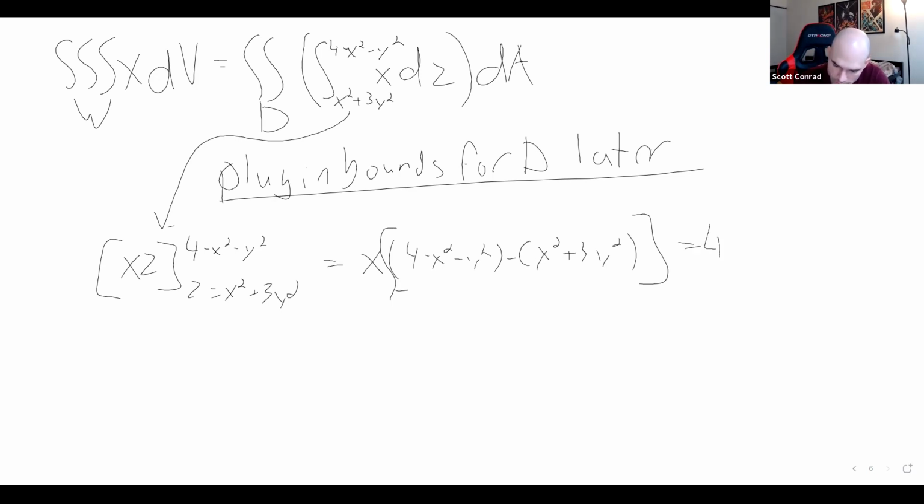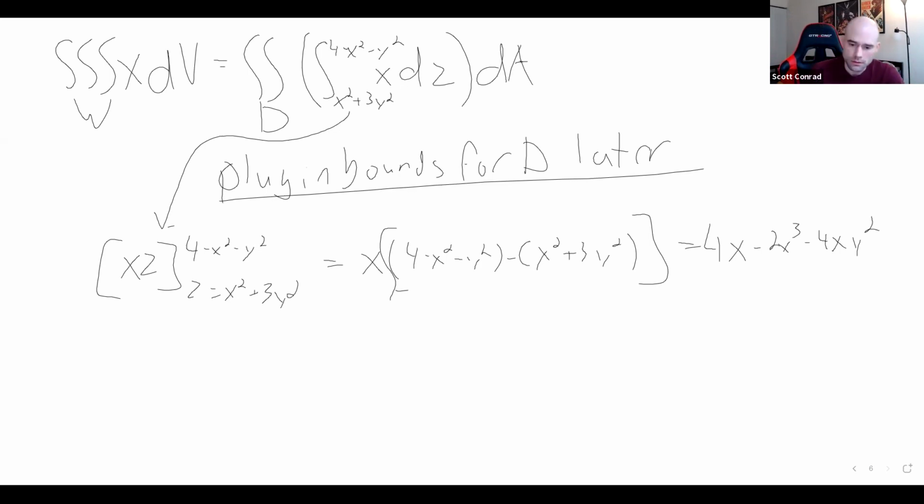So we get 4x, just multiply everything through, minus 2x cubed minus 4xy squared. Okay, so that's our inner integral.